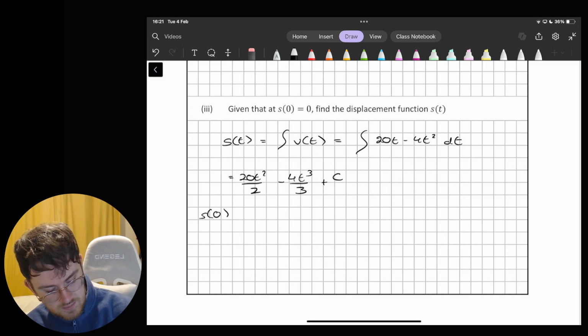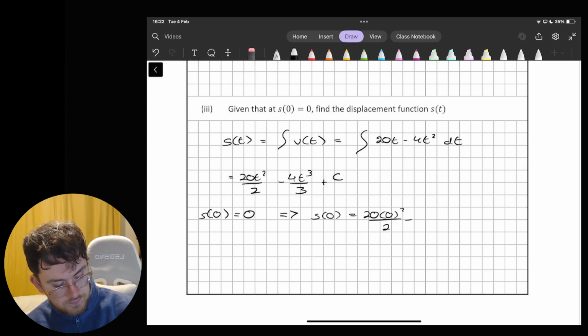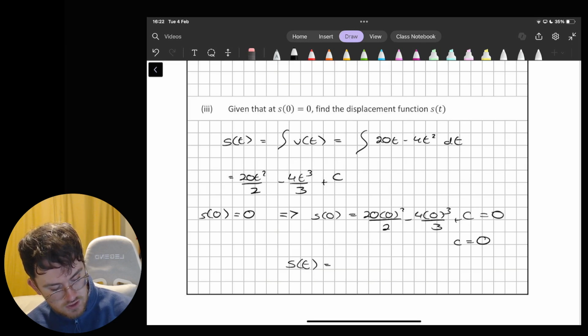We know that at time 0, the displacement is 0. So at time 0, it's at the original point from which we're measuring displacement. 0 cubed over 3 plus c equals 0, which means c is 0, and my displacement function is 10t squared minus 4t cubed over 3.